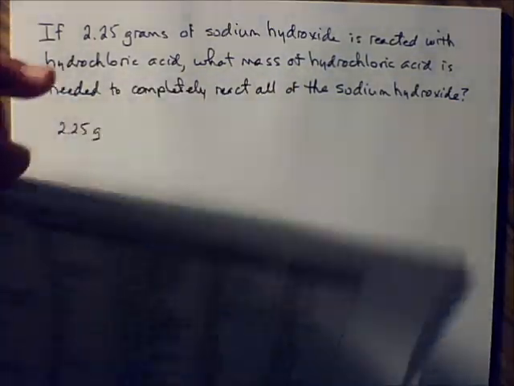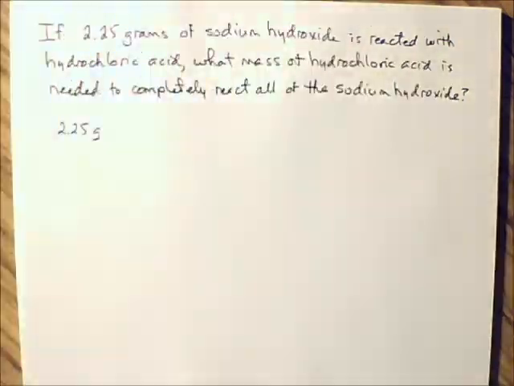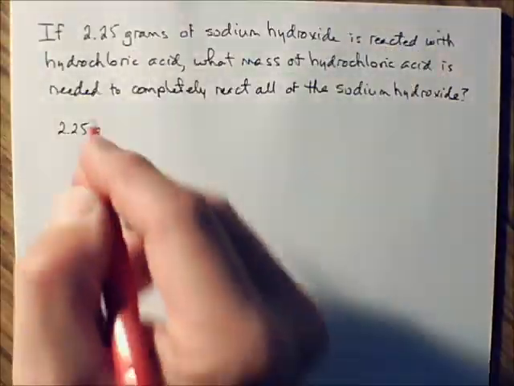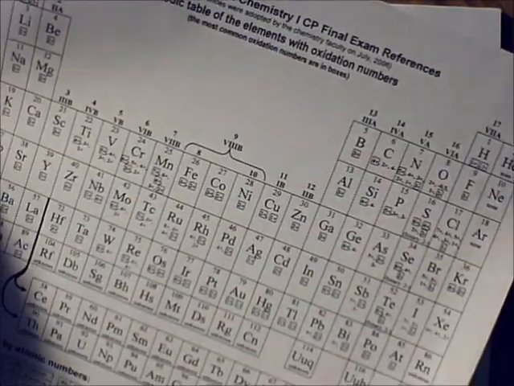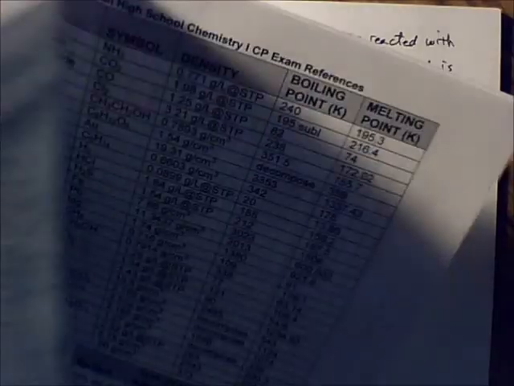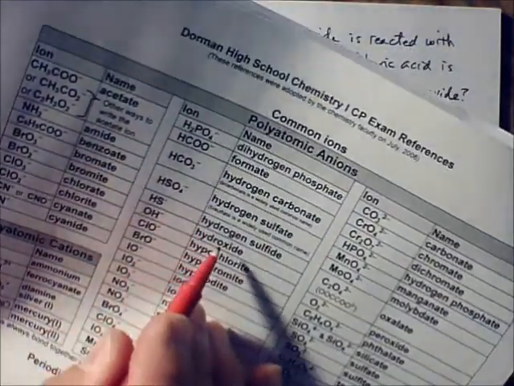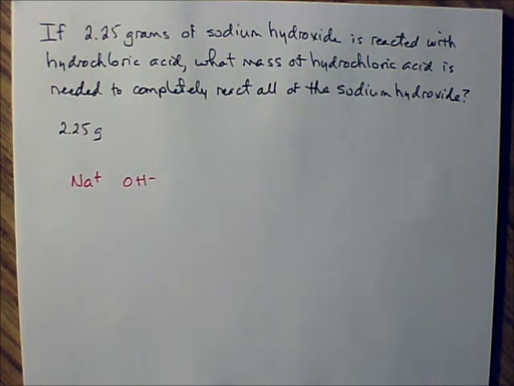But to know the charge on the sodium, or the oxidation number, I've given you a special periodic table that shows all the oxidation numbers. Sodium has a 1+ charge. And you can't find hydroxide on here. It's not an element. It's a polyatomic ion. And for that, use your common ions list. And here's hydroxide. And it's OH negative.